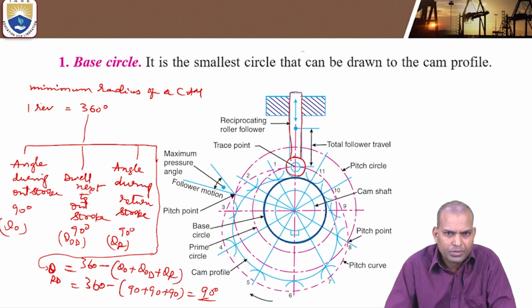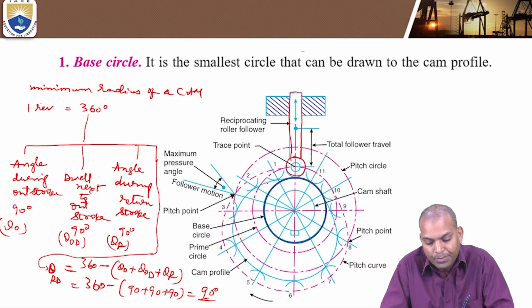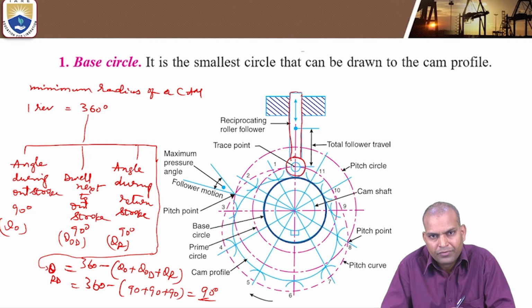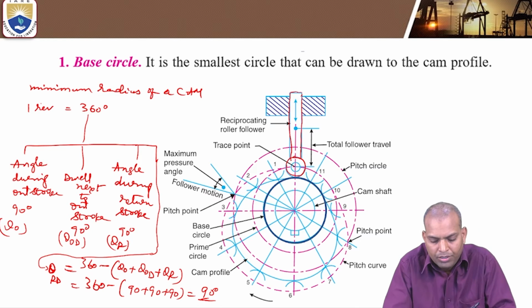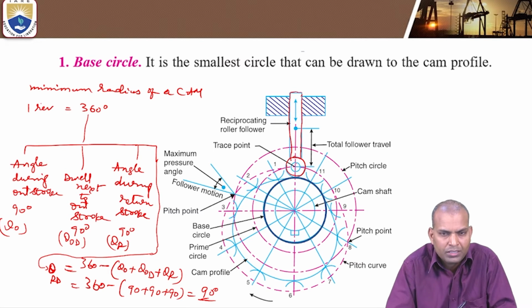What is the purpose of the follower? When the cam rotates in circular motion, the follower stays in touch with the cam surface in such a way that the follower moves in vertical reciprocating motion. The cam is thus a mechanism to convert rotary motion into reciprocating motion.